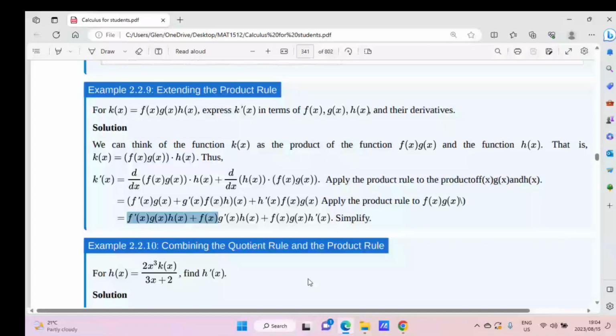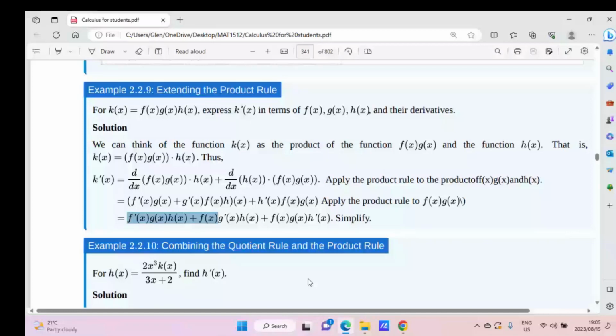Minus 6x cubed, k prime of x. Is your last term minus 6x cubed k prime of x? Yes, that's my last term.